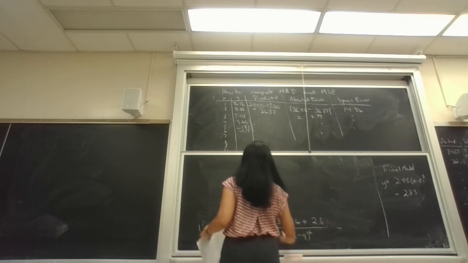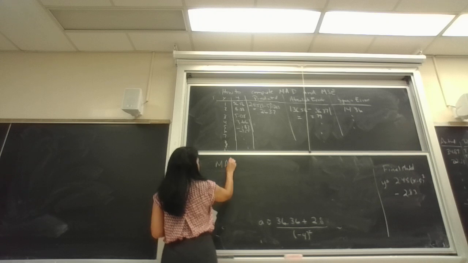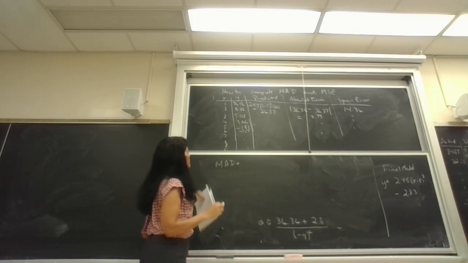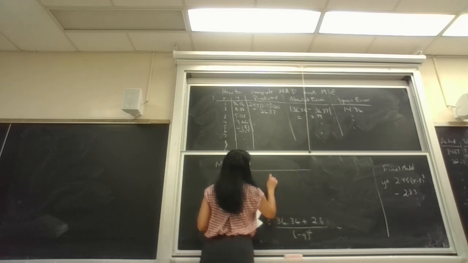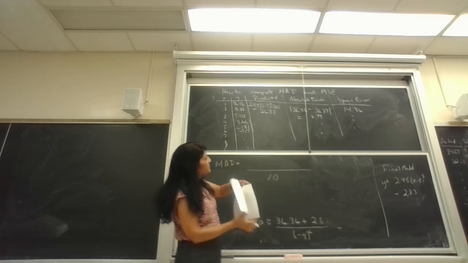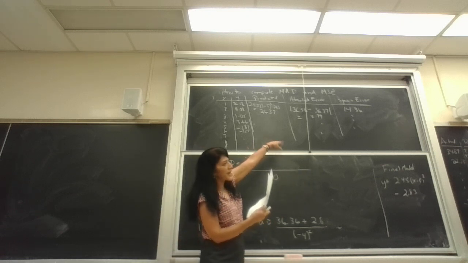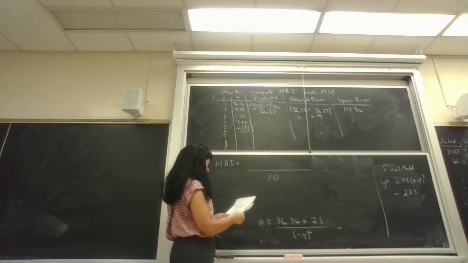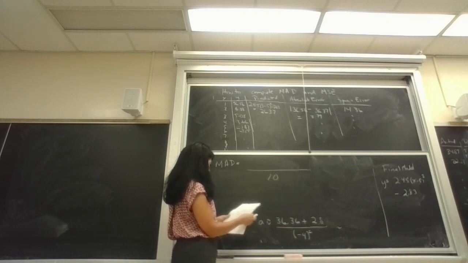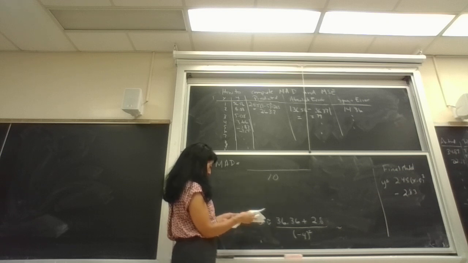And you calculate MAD, which is going to be the mean value. You have 10 data points, so you're going to divide by 10. And you take every one of these column absolute errors that you got, and you just line them up as a sum. So for MAD, it is totally bookkeeping. Look at me floundering around.